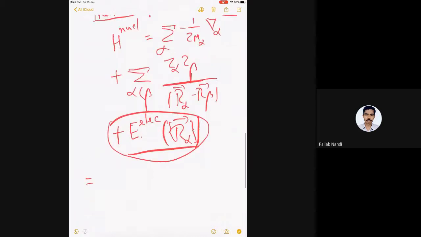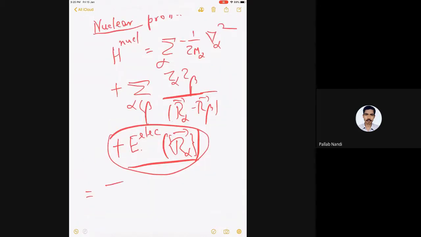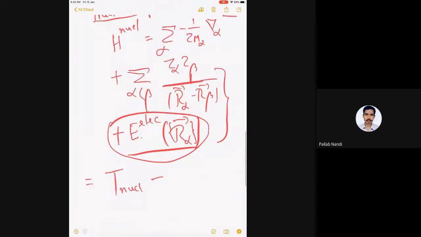Clearly, I write the first term, T nuclear, which is kinetic energy. Kinetic energy is often represented by T. These two terms together, I can now write as the potential energy. Of course, each Hamiltonian has a kinetic and a potential energy. So this together becomes the potential energy which will depend on R alpha.